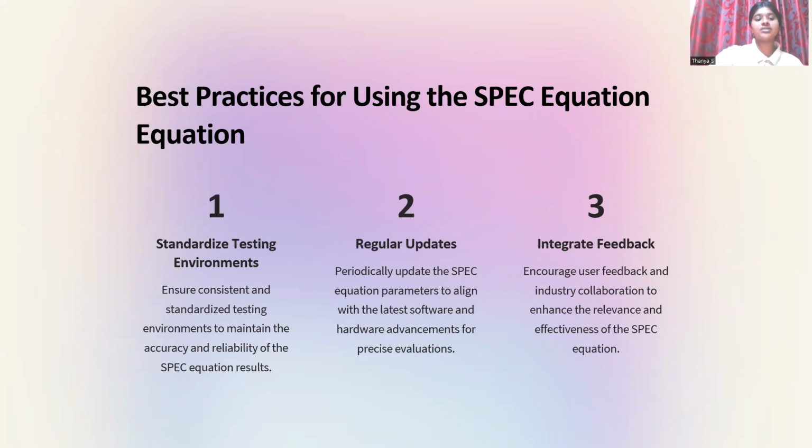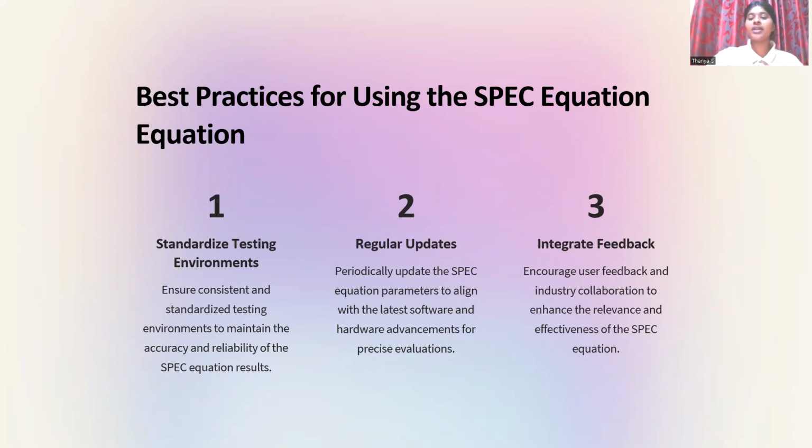So in the first step, ensure consistent and standardized testing environments to maintain the accuracy and reliability of the spec equation results. In the second step, periodically update the spec equation parameters to align with the latest software and hardware advancements for precise evaluations.